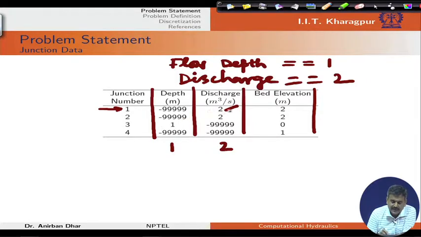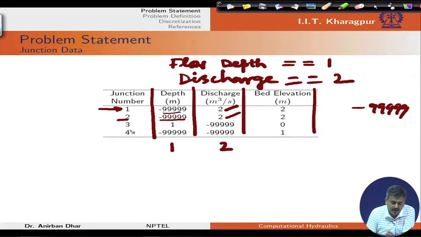Otherwise, we can directly write minus 9 9 9 9 9, and for junction number 2 also, that is again a boundary junction, we do not have any specified depth. So, minus 5 9s, and in this case again we will write discharge equals 2.